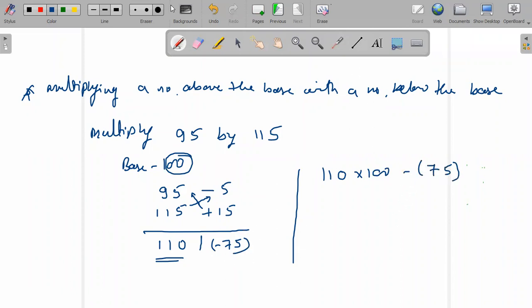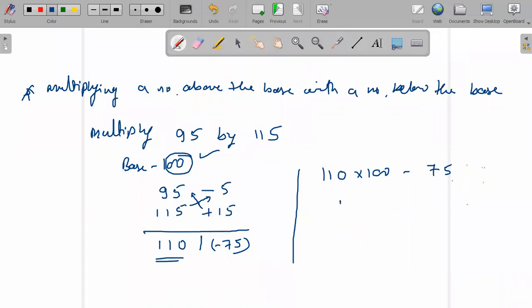I am taking that minus sign outside the bracket. This is the next step for this kind of multiplication: you have to multiply the left hand side by 100, which is the base for us, and subtract 75 from it. So what will be the answer?